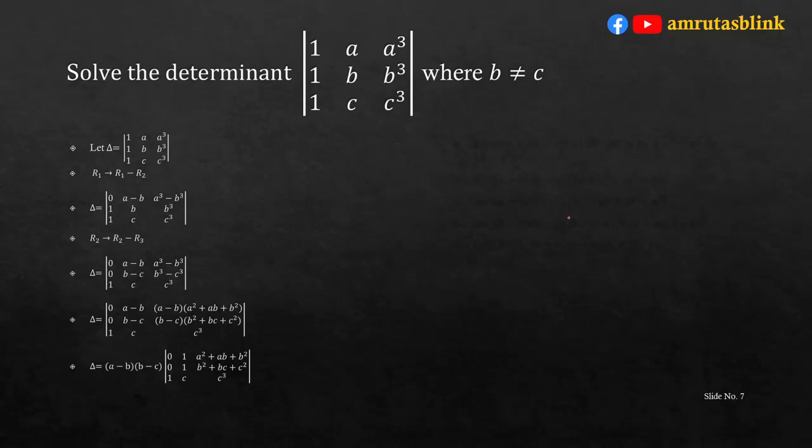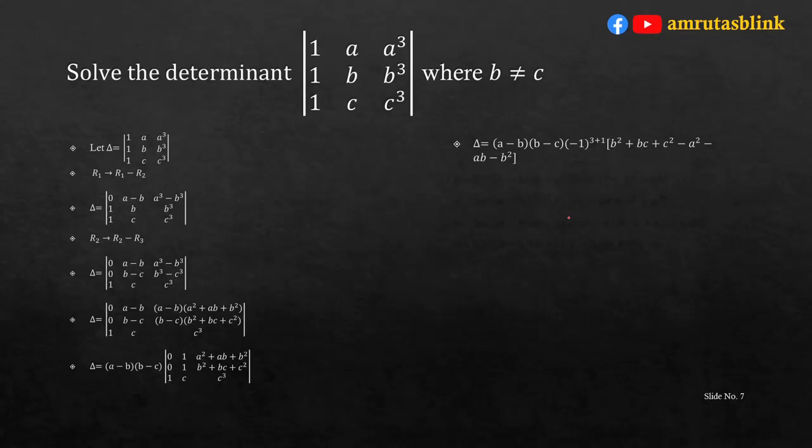So, delta will become (a minus b) into (b minus c) into determinant 0, 1 and remaining factor, that is a² plus ab plus b². Second row 0, 1, b² plus bc plus c² and third row as it is, 1, c and c³. Now, we will expand this determinant.